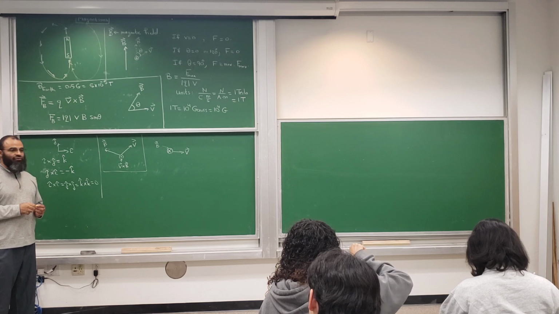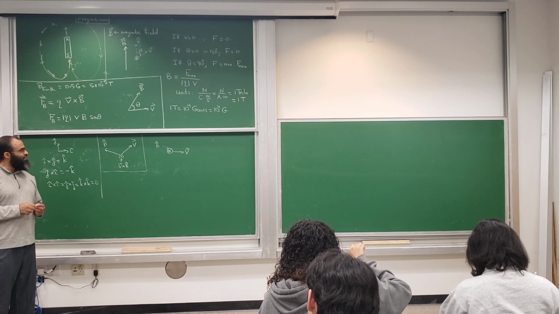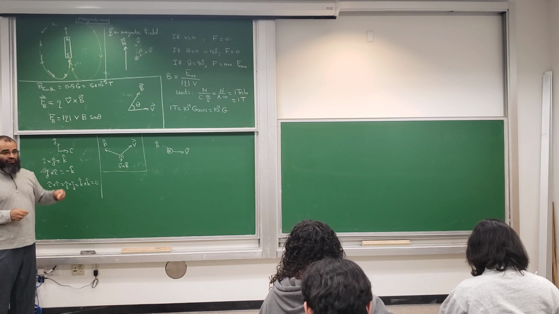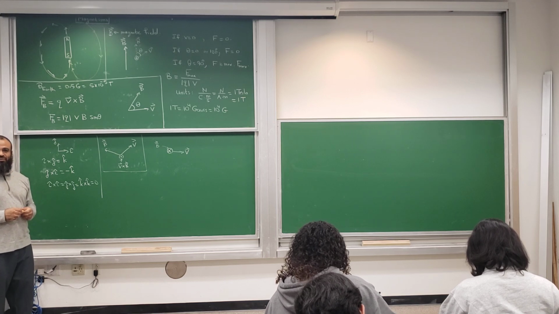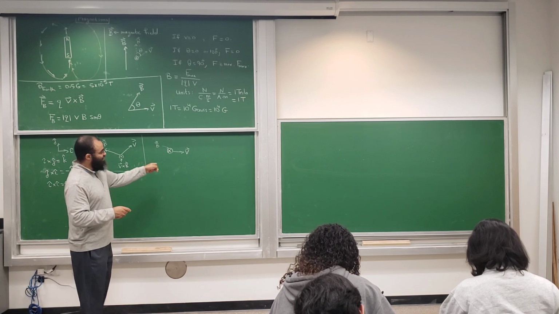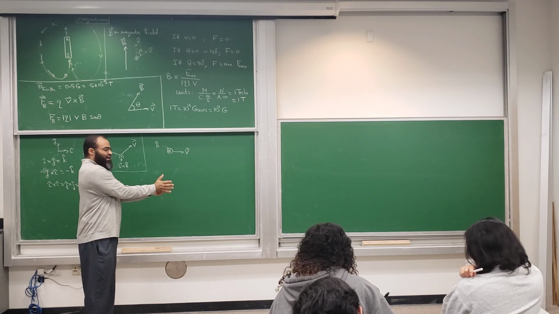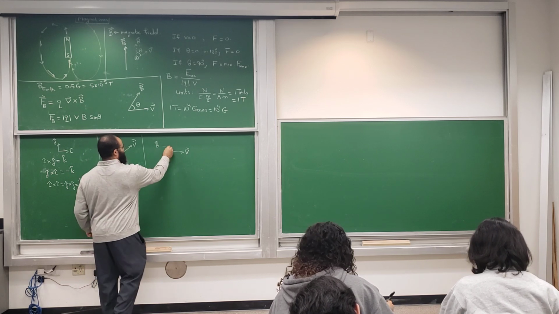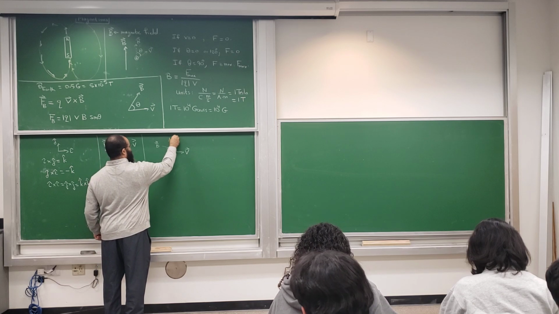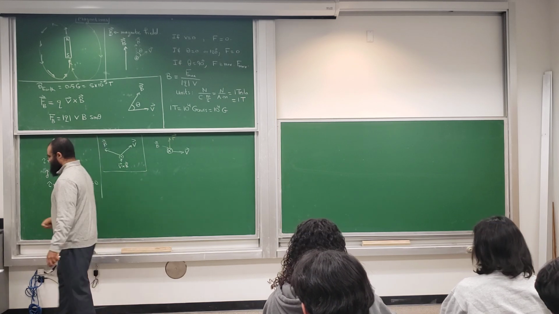It's up, going up. The magnetic field is in, the V is this way. So curl your fingers from V to B, and the force will be upward.